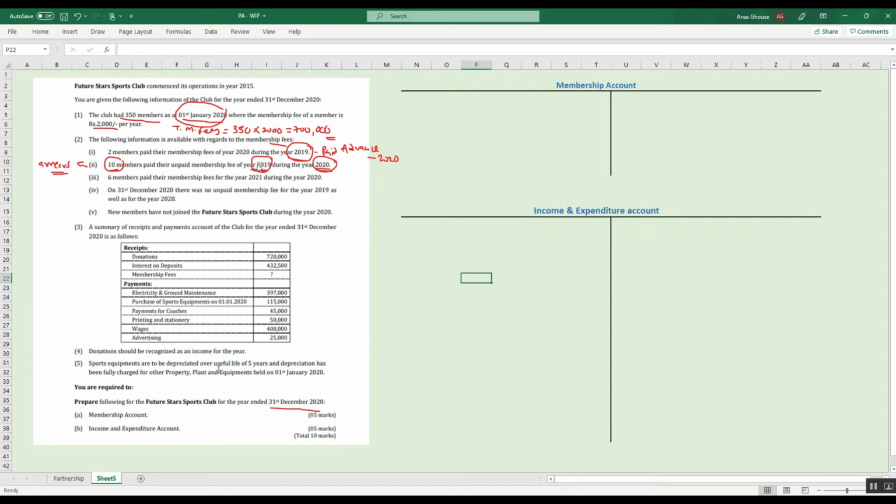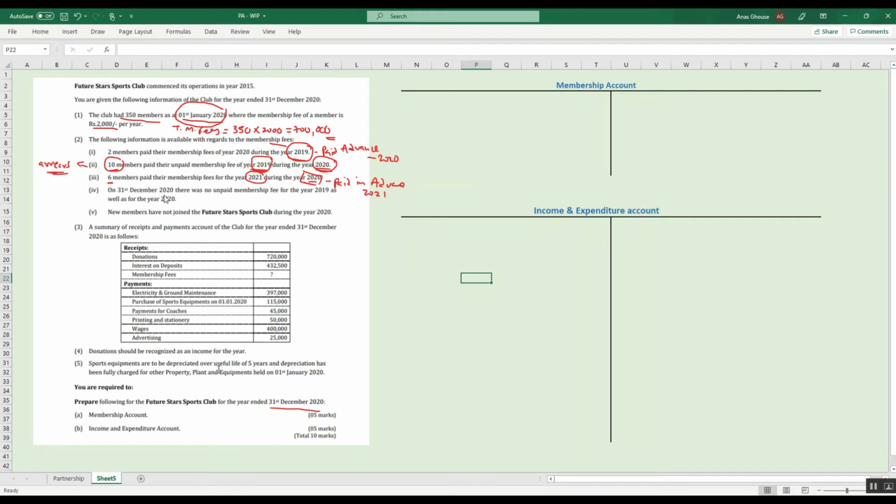And also 6 members paid their membership fees for the year 2021 during the year 2020, so this is paid in advance for 2021.